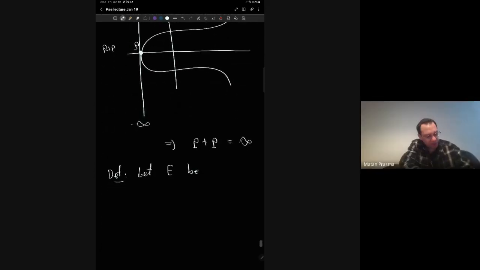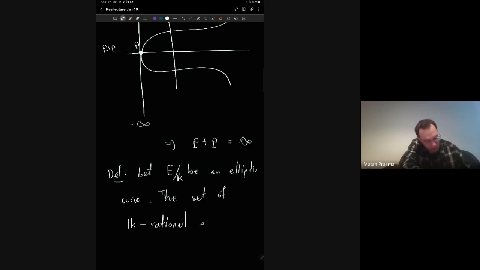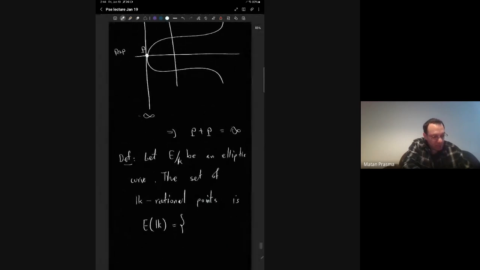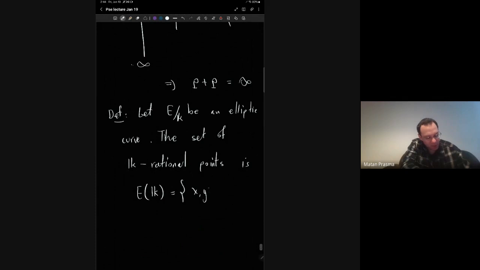Suppose we have an elliptic curve over a general field K, the set of K rational points is denoted as E of K. It's the solution set to E: y squared equals x cubed plus ax plus b, union the point at infinity.